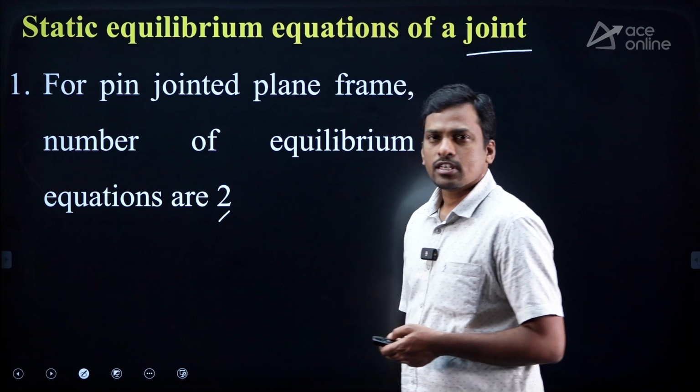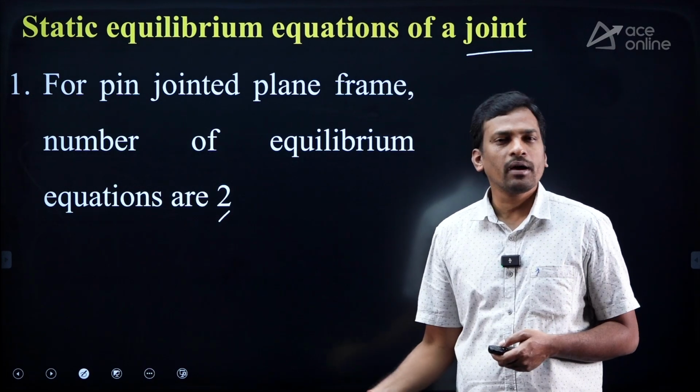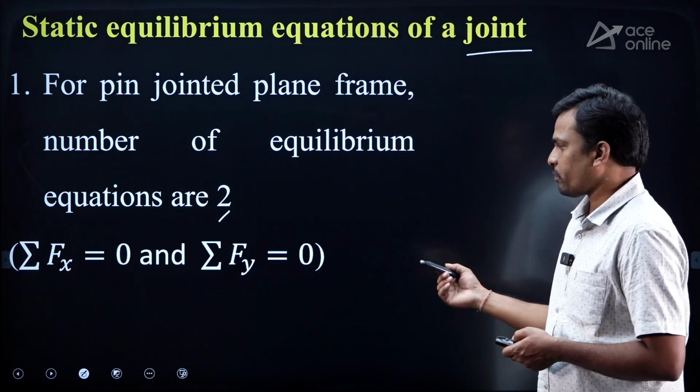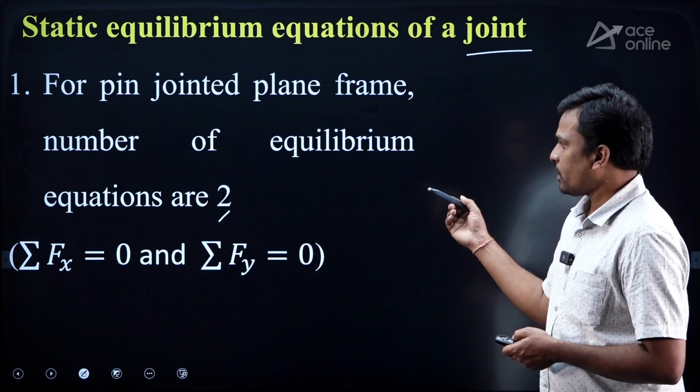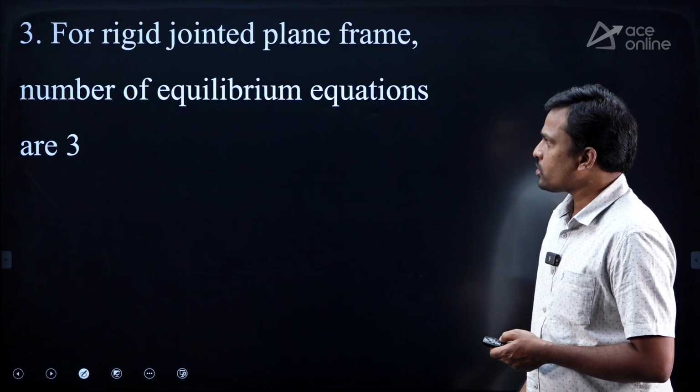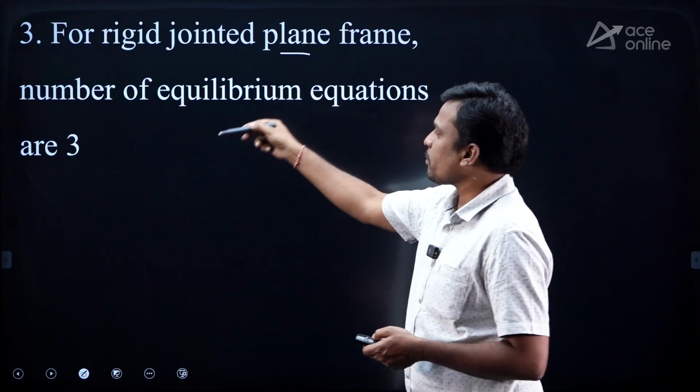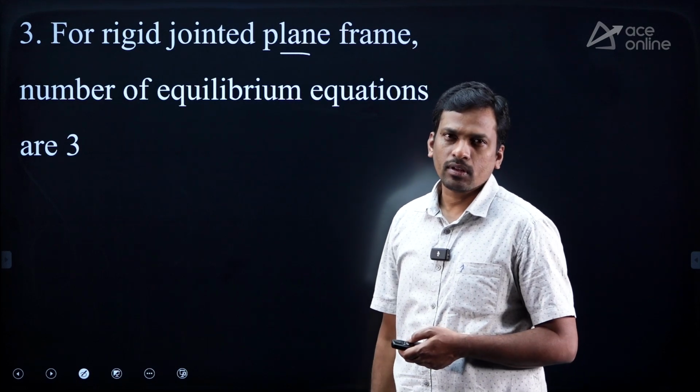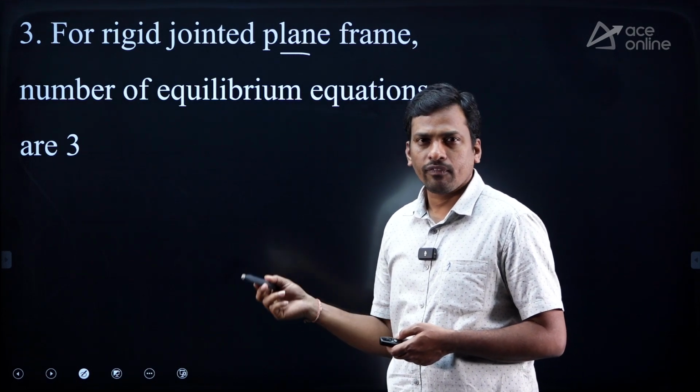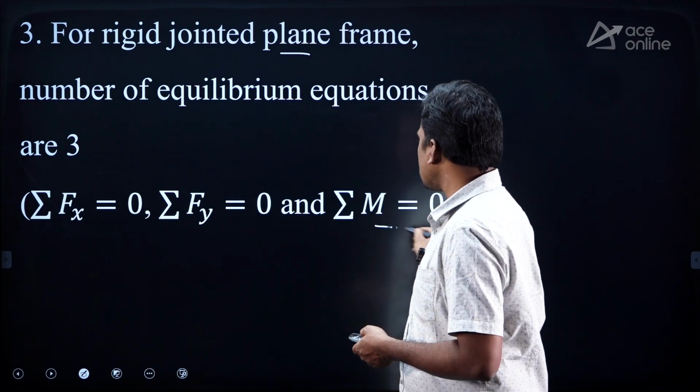What are the two? Sigma Fx equals 0, sigma Fy equals 0. Similarly, next for a rigid jointed plane frame, the number of equilibrium equations is always 3 only. What are the 3? Sigma Fx, sigma Fy and sigma M equals 0.